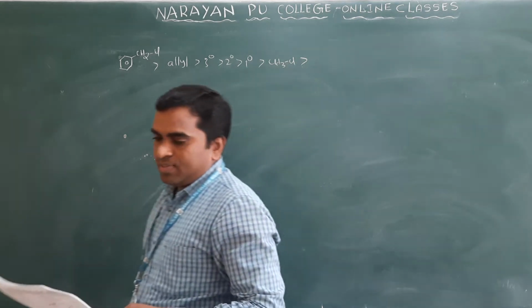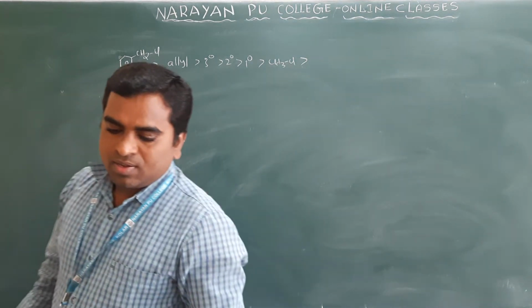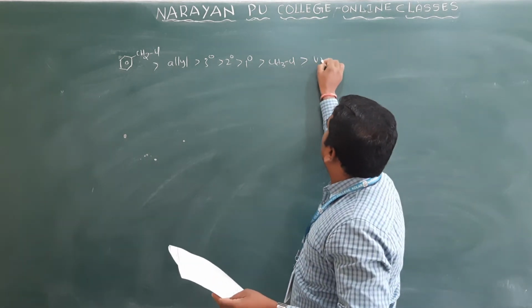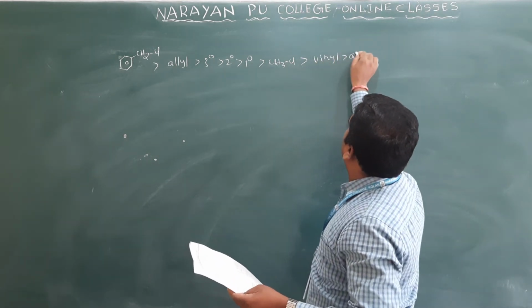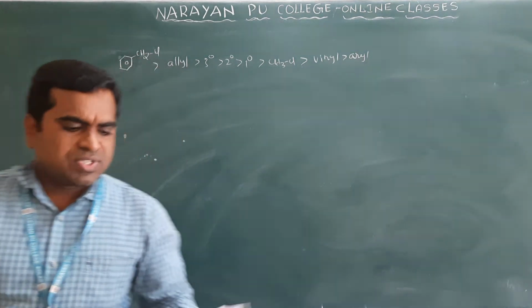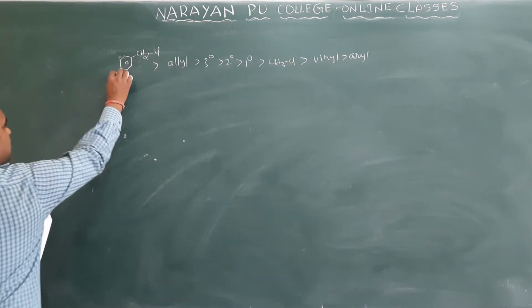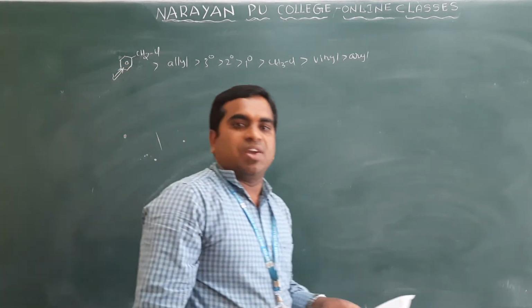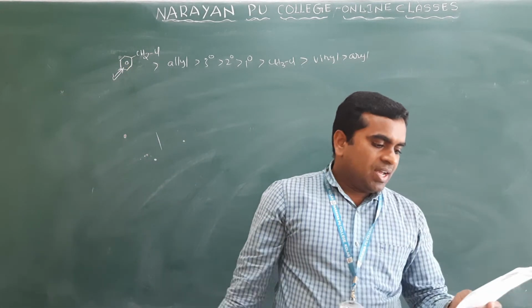Last is vinyl. This is the order. Clear? The last one you will get is vinyl halides. Now, if you see the third option, it is benzyl chloride. So it is involved in the SN1 reaction very fast. Option 3 is the correct one.